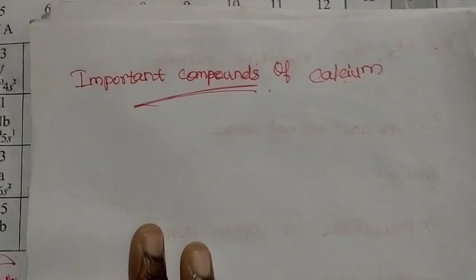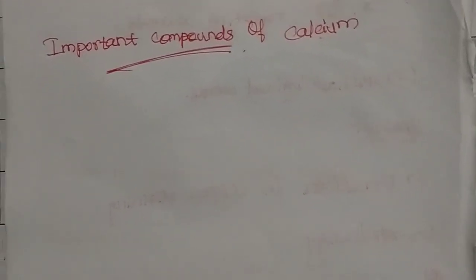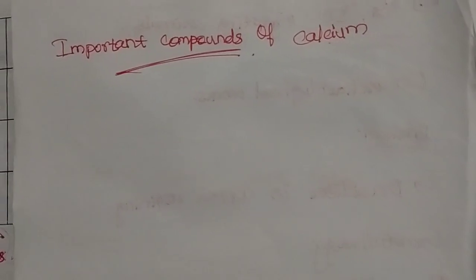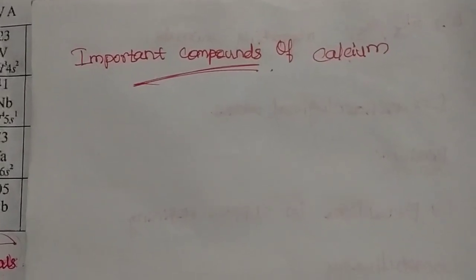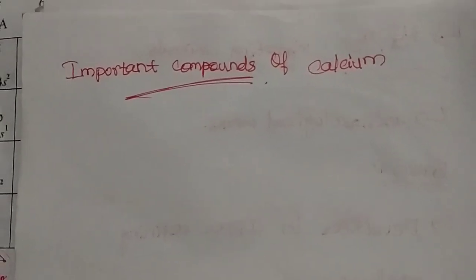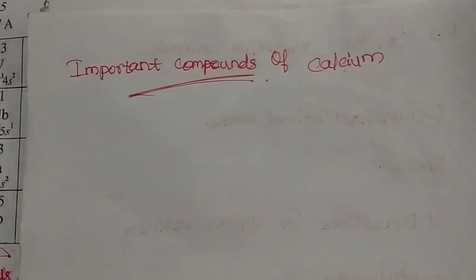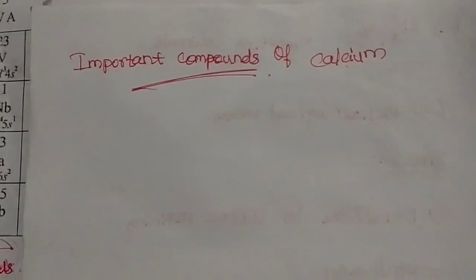Important compounds of calcium. From the alkaline earth metals, calcium is a widely used element, and it has important compounds. We are going to see some compounds which consist of calcium.